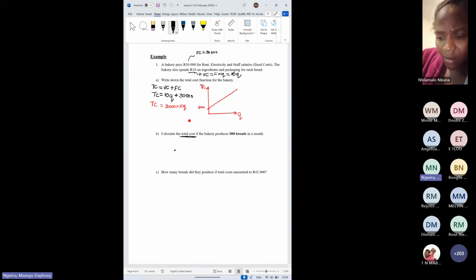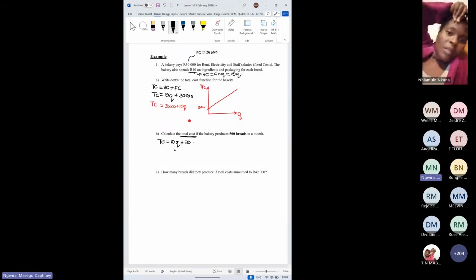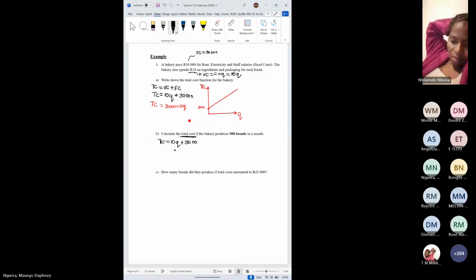Our total cost function is this one that we calculated, which is TC equals 10Q plus 30,000, or you can say 30,000 plus 10Q. It's the same thing. We have our quantity, 500 bread. So if you want to calculate the total cost, wherever you see Q, you put 500. So this one is my Q.